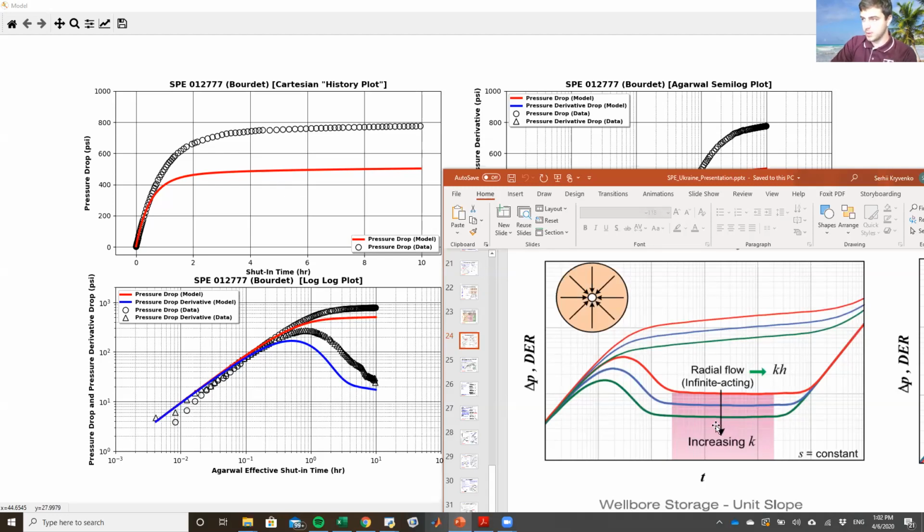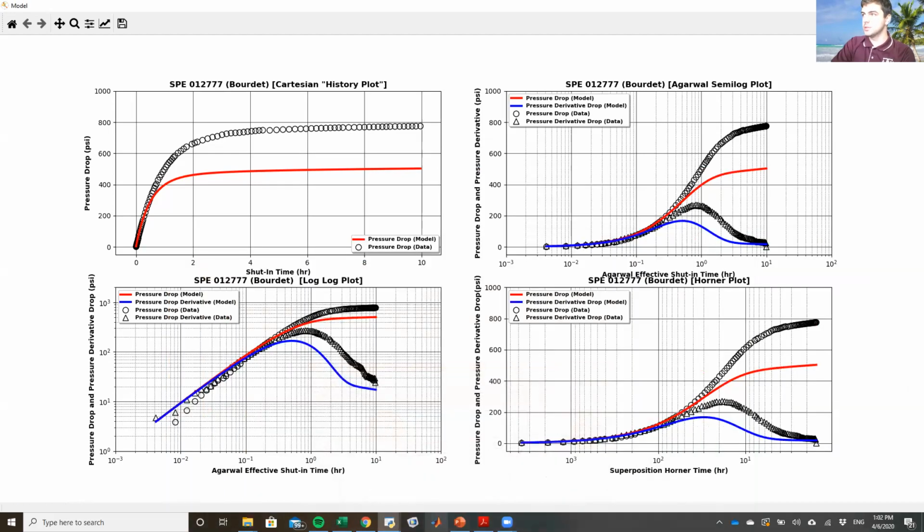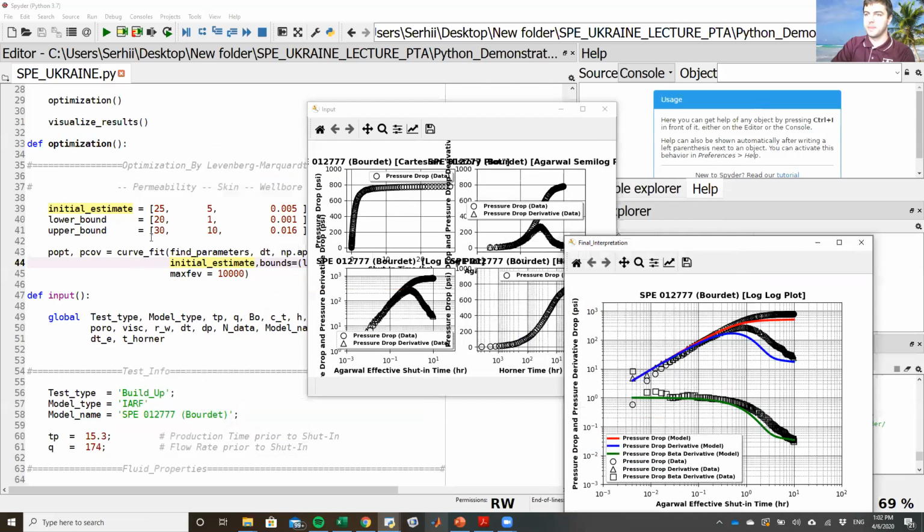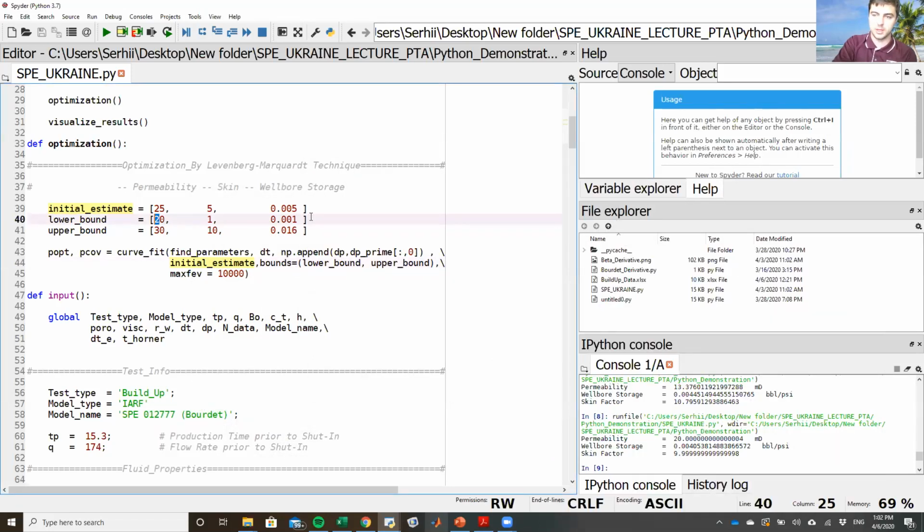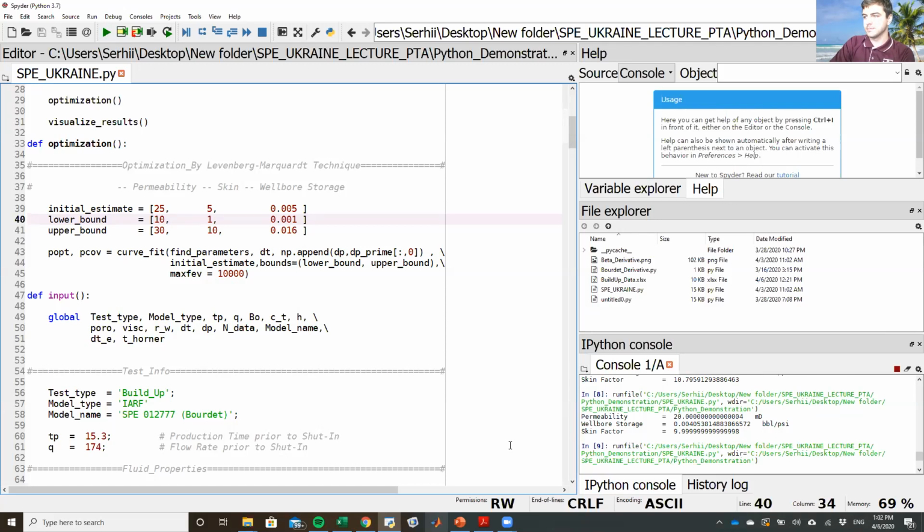We want to have our derivative going upwards in order to match our data. And so let's change the bounds that we have in our system. Let's change it, for example, to 10. Let's run and let's see what's going to happen.